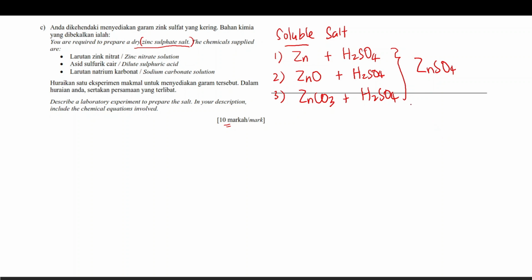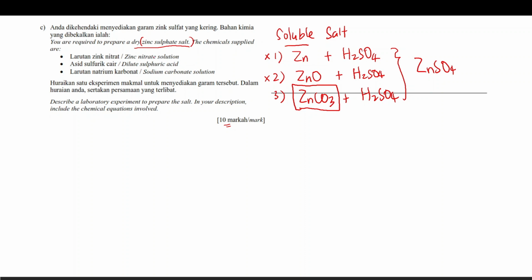But we have to see whether we have these chemicals here. We don't have zinc metal, so method 1 cannot be used. We also don't have zinc oxide, and we don't have zinc carbonate here. But we can ask, are we able to produce the zinc carbonate? Because this is an insoluble salt, we can do a precipitation reaction first.